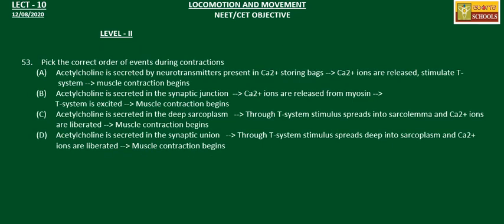The next question: pick the correct order of events during contraction. We know the sarcolemma invaginates into the sarcoplasm, and you will see the presence of the sarcoplasmic reticulum on either side of this invagination.